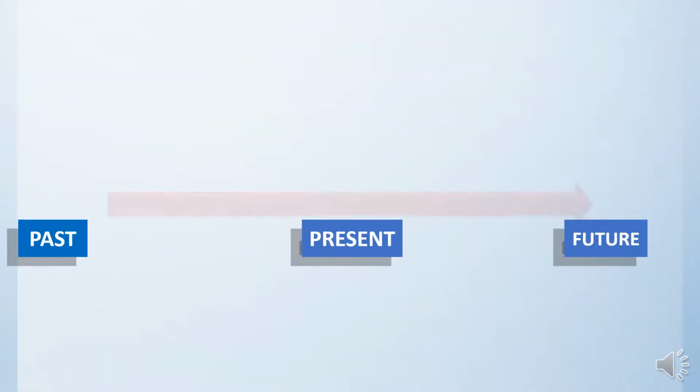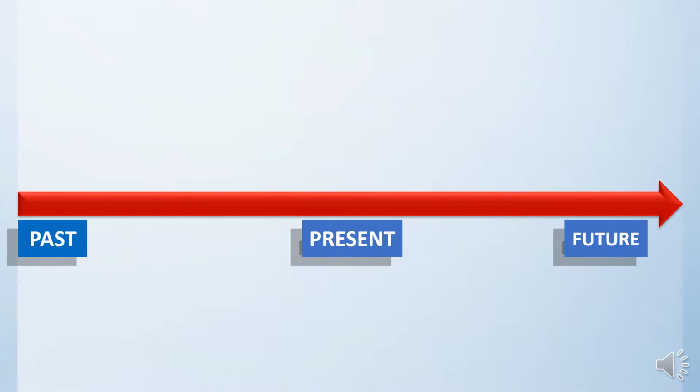Or you can also use the simple present tense to talk about something that is going to happen in the near future. So, for example, something that's going to happen tomorrow or later today at a later time, or something that's going to happen next week.